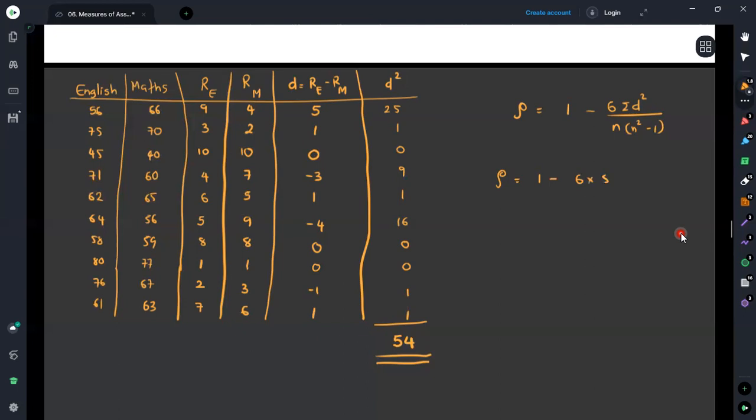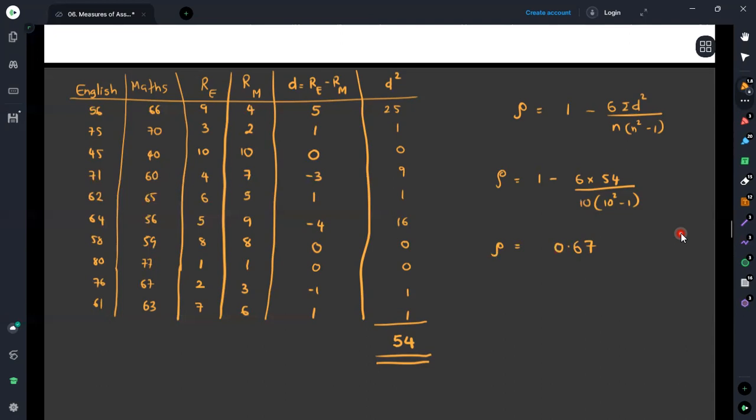Then 6 multiplied by 54, divided by n, where n is the total number of pairs, which is equal to 10. Then 10 squared minus 1. If you perform the calculation, we'll get 0.6267. To 2 decimal places, we are getting rho equals 0.63.